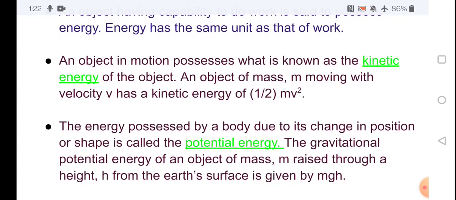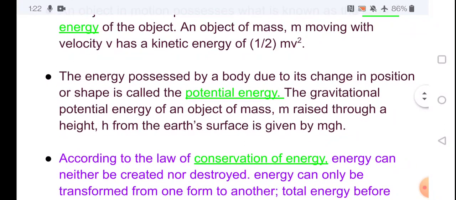The energy possessed by a body due to a change in its position or shape is called potential energy.